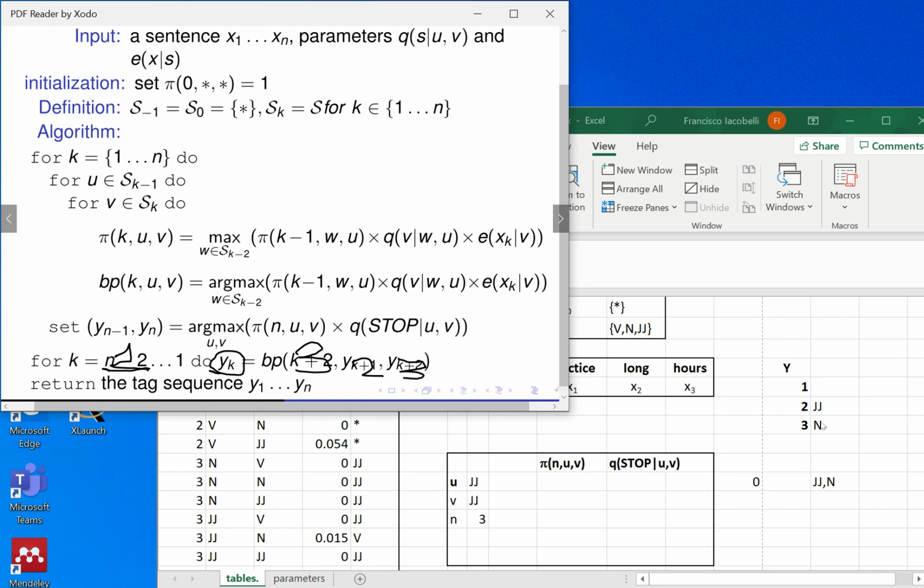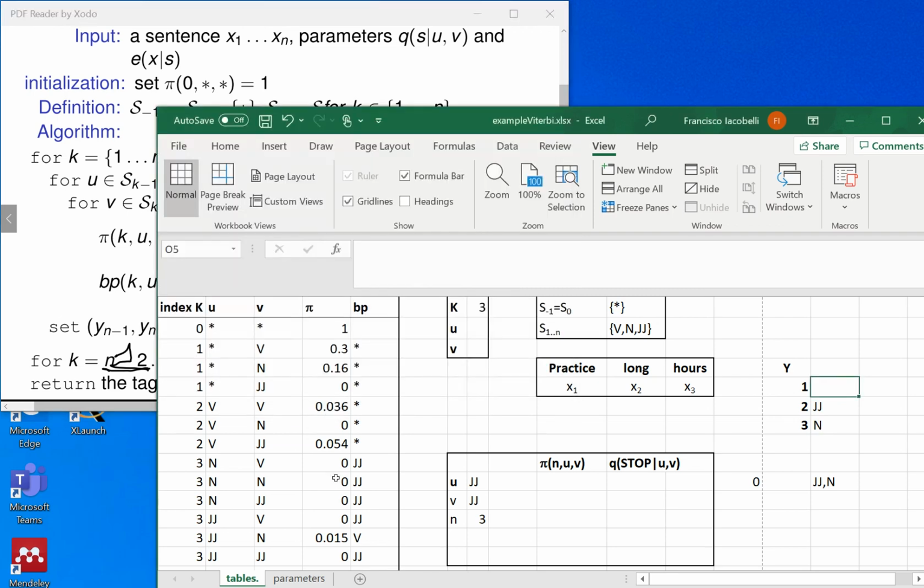y2 and y3 are jj and n. So I'm going to look at the back pointer of 3, jj, n. 3, jj, n is v. That's the back pointer, v. So the tagging that best fits this is to tag the third word as n, the second as jj, and the first one as v. These are the sequence of tags.